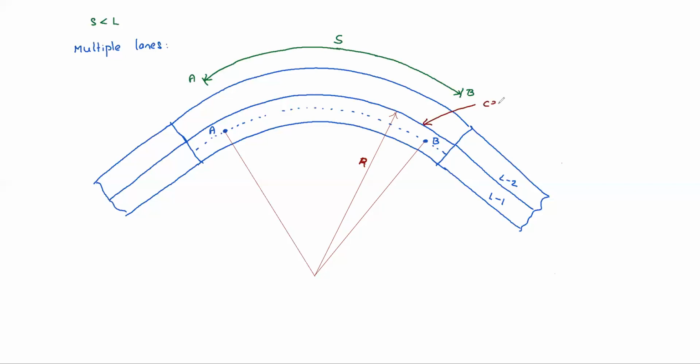So this dotted line is the center line of the inner lane.